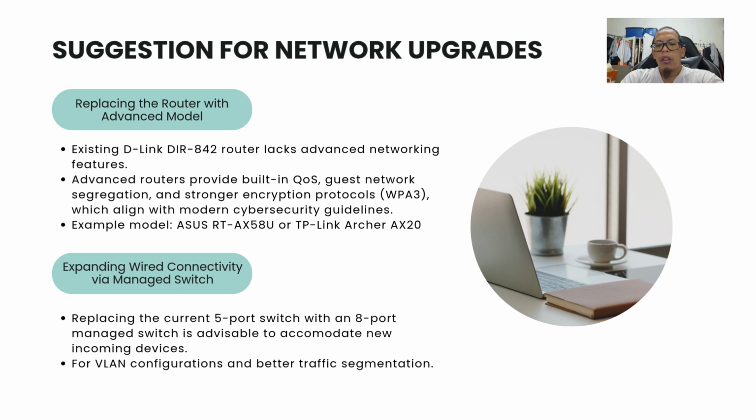An advanced router will provide built-in QoS, guest network segregation, and also stronger encryption protocols such as WPA3, which aligns with modern cybersecurity guidelines. For example, we can use a model such as ASUS RT-AX58U or TP-Link Archer AX20. I know it will cost a lot of money, but it is a good investment in IT.